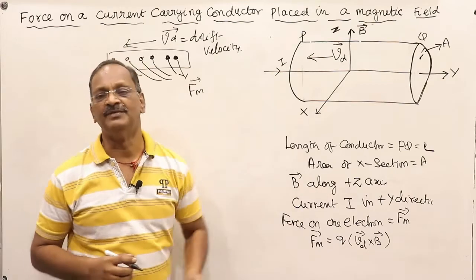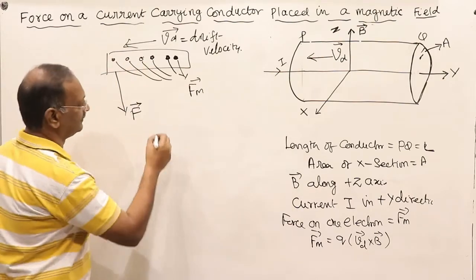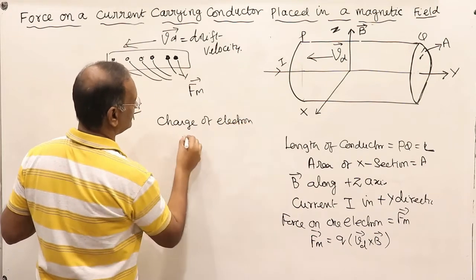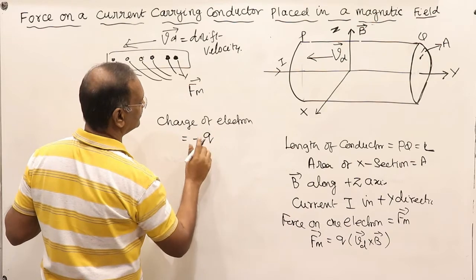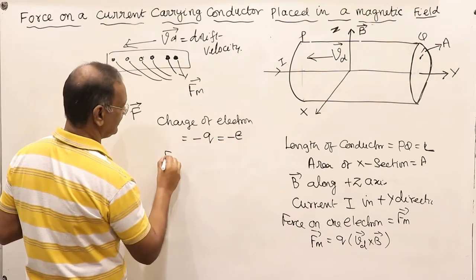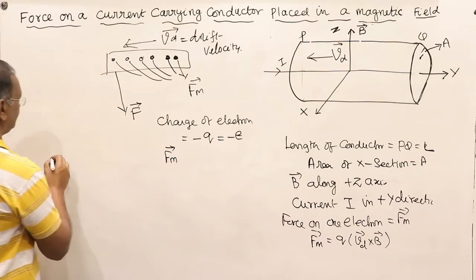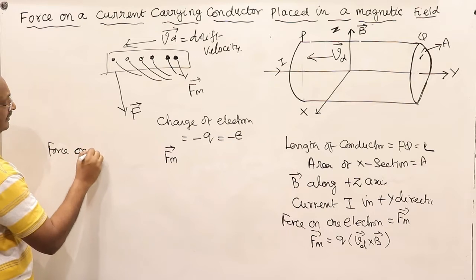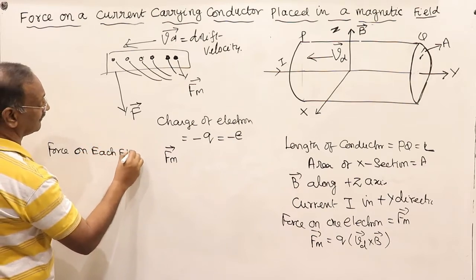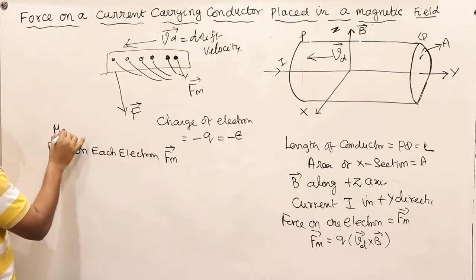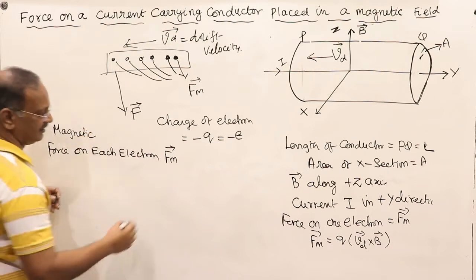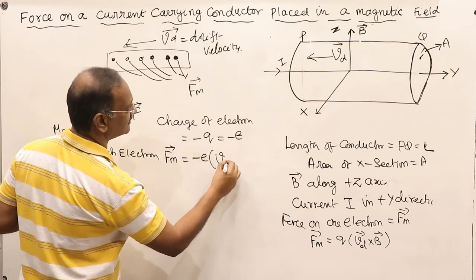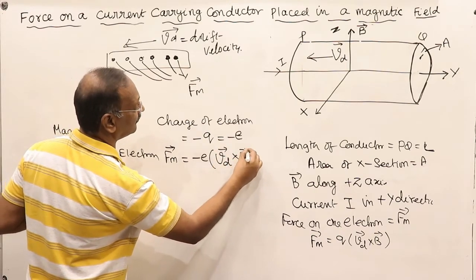Since Vd is the drift velocity of the electron, and the charge of the electron is minus q, that is minus e, the magnetic force on each electron is Q into V into B, where the charge is minus e, into the drifting velocity, into the magnetic field.